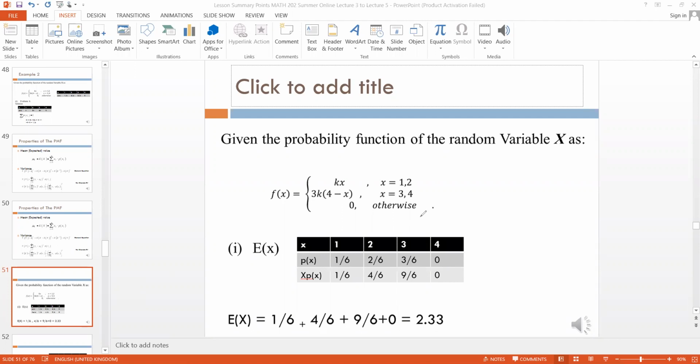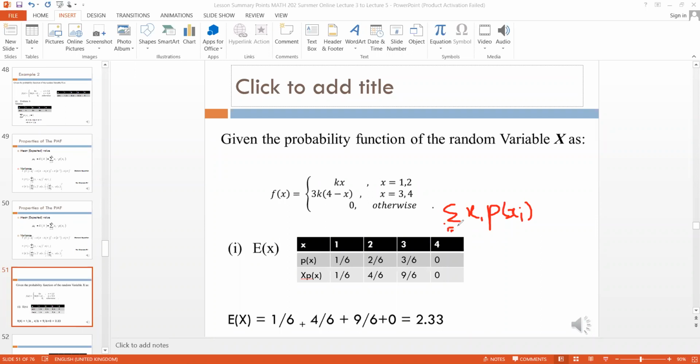Now we return to this example which we solved earlier. If we are to find the expectation of the process, it is just the summation of xi times p of xi, from i equals 1 to n.